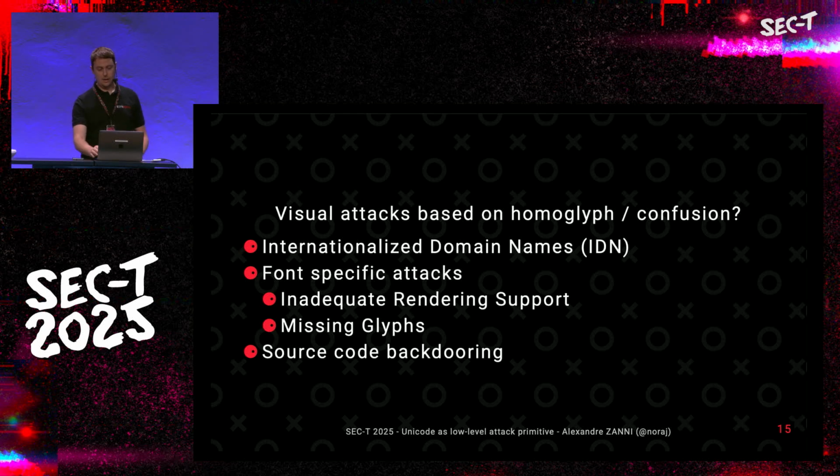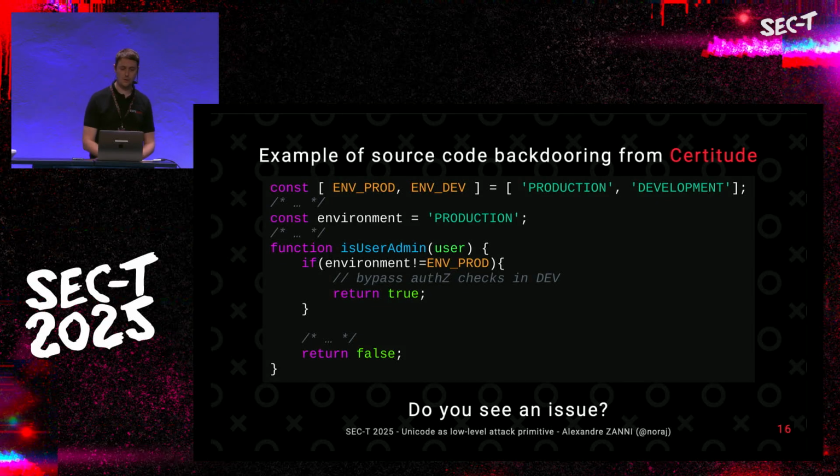There are a lot of font-specific attacks I won't talk about, and I will just give you right now an example of source code backdooring you can do with homoglyphs. If we quickly take a look at this JavaScript code, we have something like a web server with two possible environments.